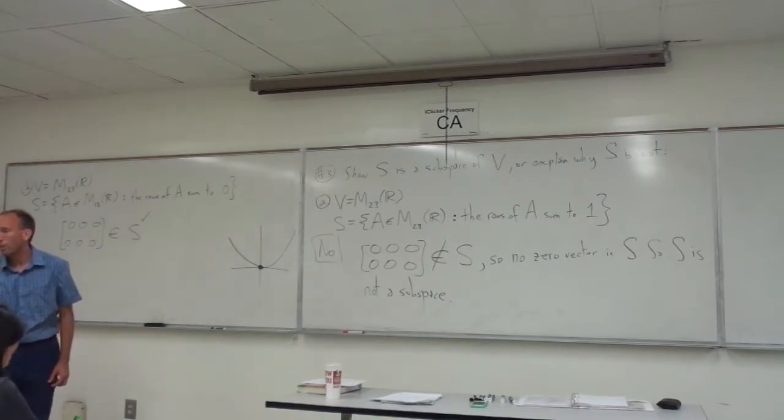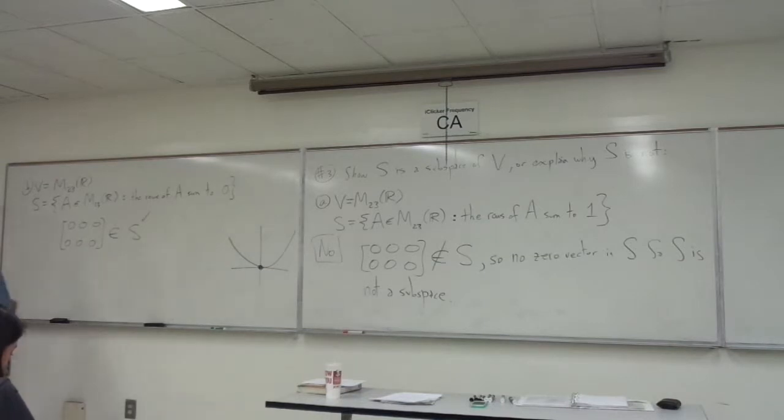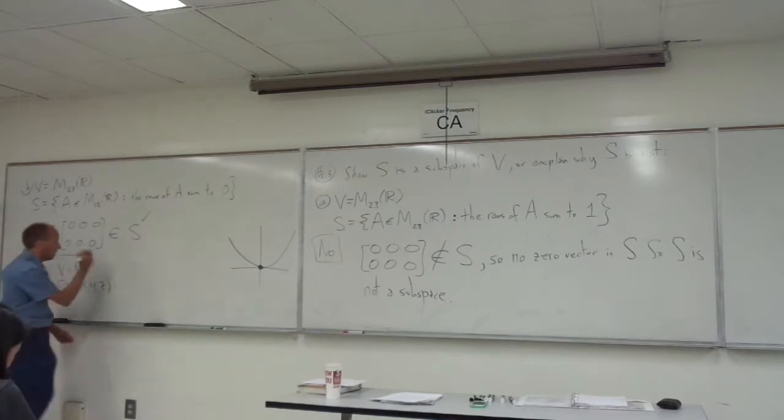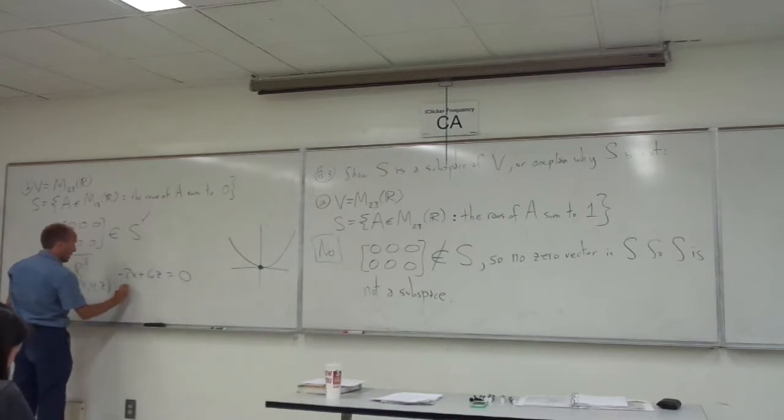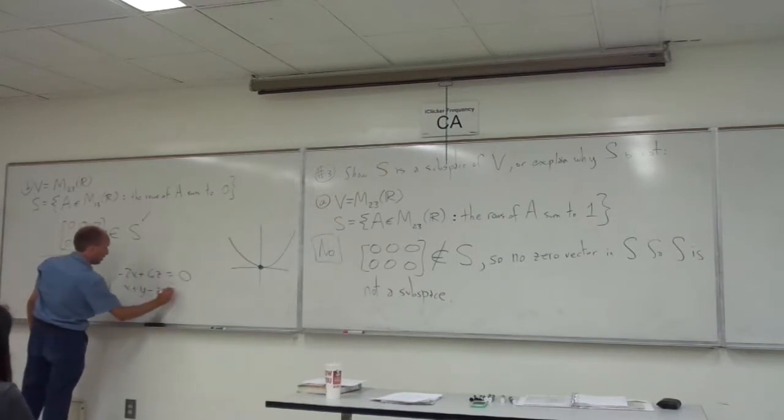So I'm taking a break from solving this problem to make another point. Suppose that V was like R3, so this is just a side example. Suppose that V was equal to R3, and suppose that S was the set of x, y, z, vectors in R3, such that, I don't know, negative 2x plus 6z was equal to 0, and x plus y minus z was equal to 0.